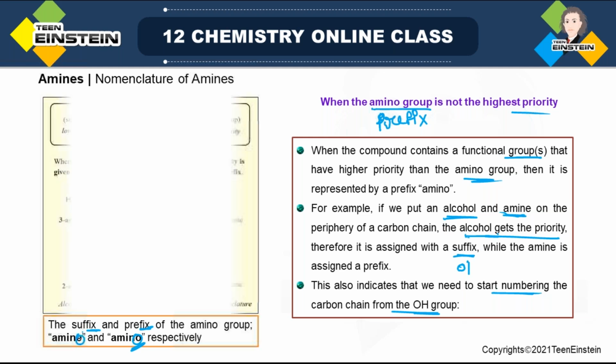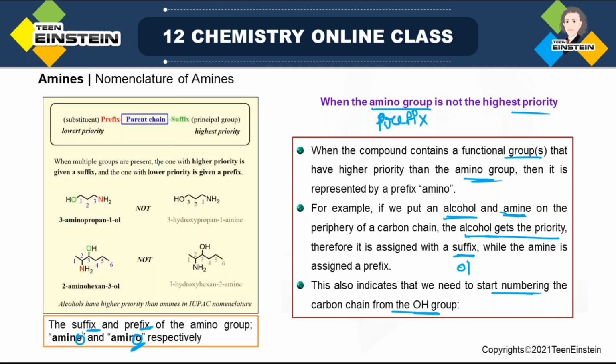And see, this is the example. The OH group and NH2 group are at both terminal positions, and this is a 3 carbon chain, but 1 must be given to this side because OH has higher priority. If you follow the other numbering, it is completely wrong. This is correct. Now see, the prefix is 3-amino and the suffix is ol.